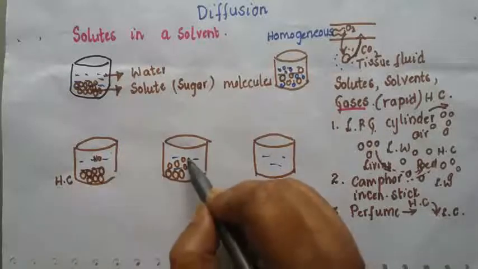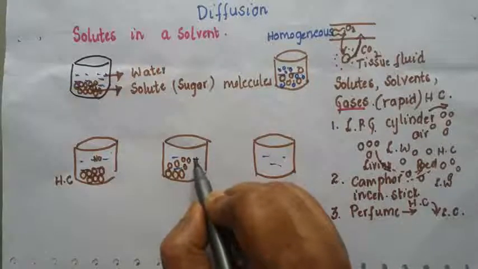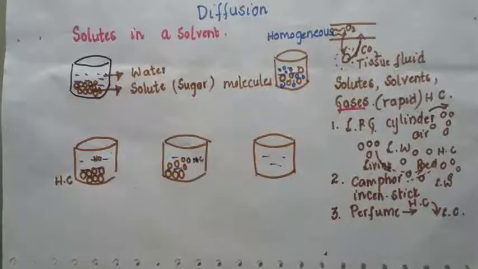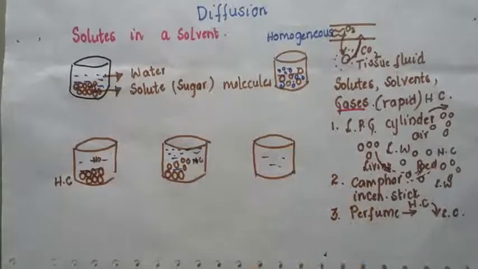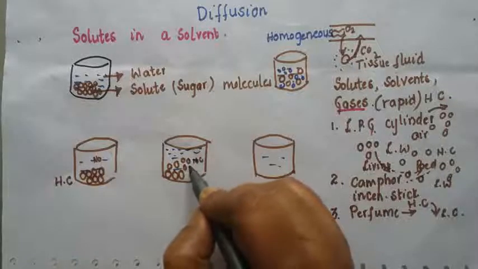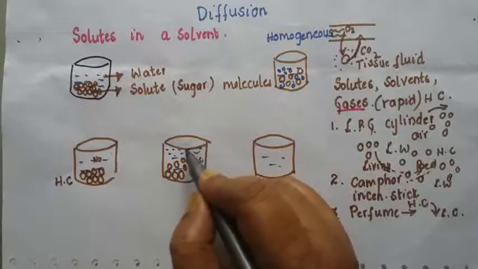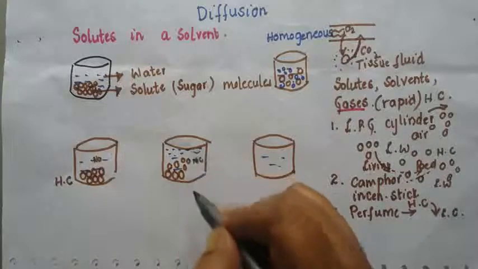As they start moving towards the other region, this region now becomes the region of higher concentration. And if you observe the water molecules just above that, this becomes a region of higher concentration, and again you find the molecules moving towards a region of no concentration.